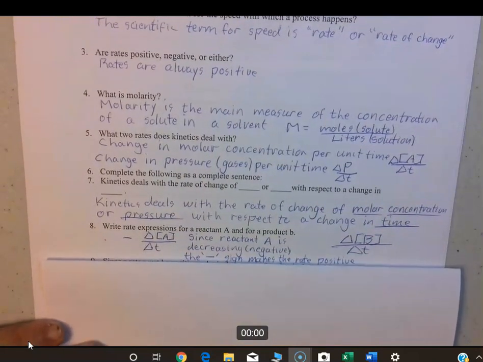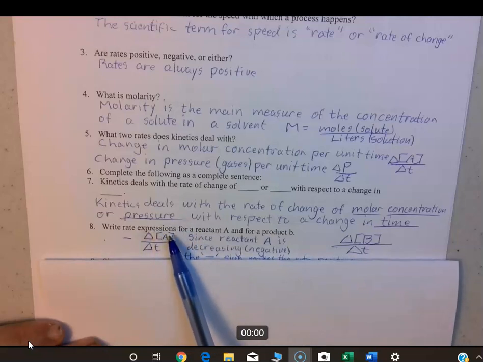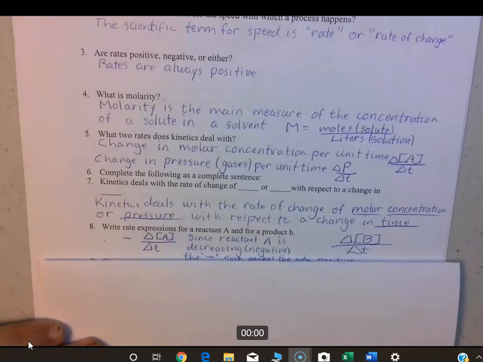All right, write a rate expression for reactant A and for a product B. A reactant is always going to decrease in value. So the change in the concentration of A is going to be a negative number because it's decreasing. It's going down. That's what reactants do. You use up reactants on the left side of the chemical equation.